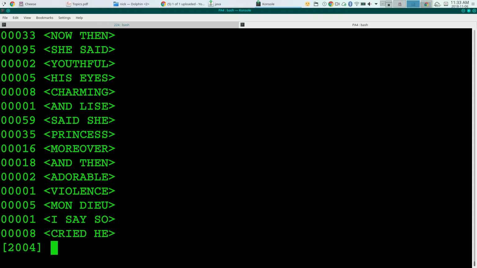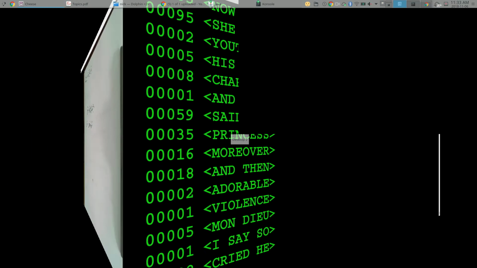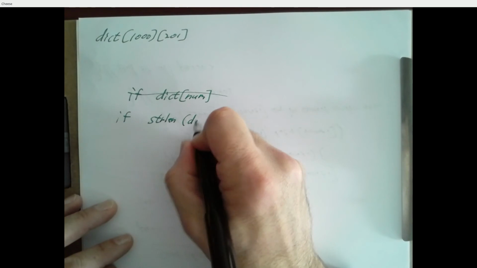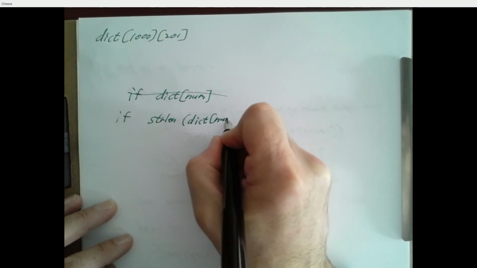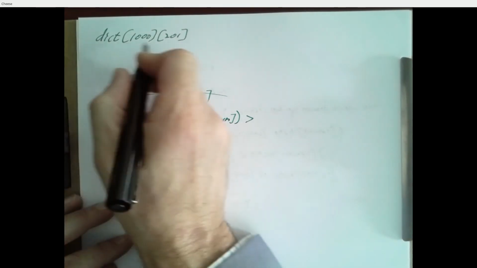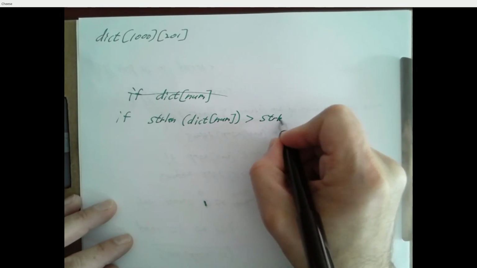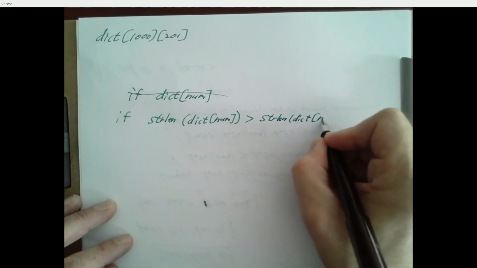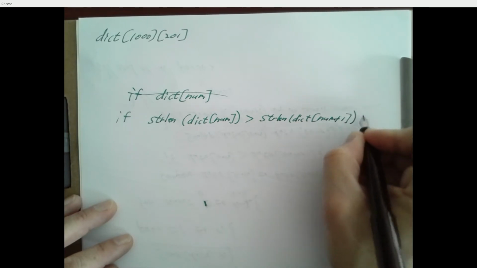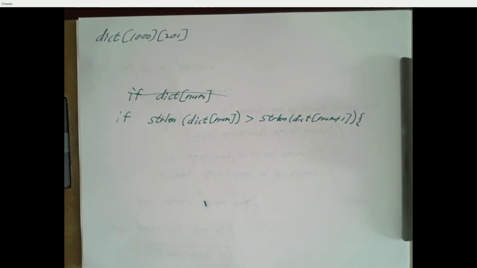So if dictionary num is bigger than dictionary num plus 1 in terms of its length, here you can use string length. So dictionary is 1,000 by 201. If string length of dictionary entry num is bigger than string length of dictionary num plus 1, then we want to swap those two strings.